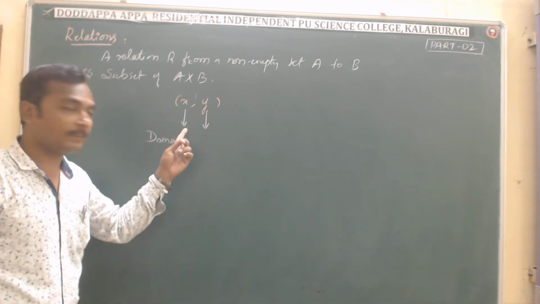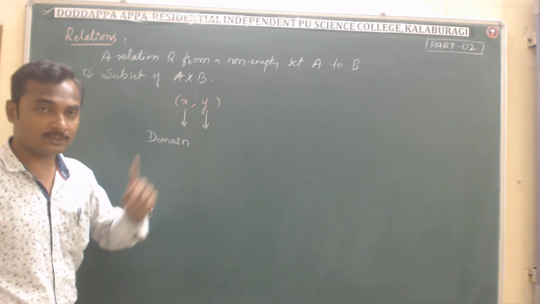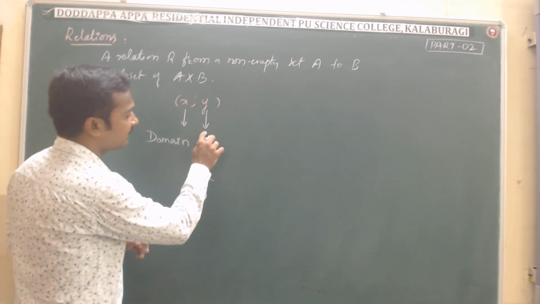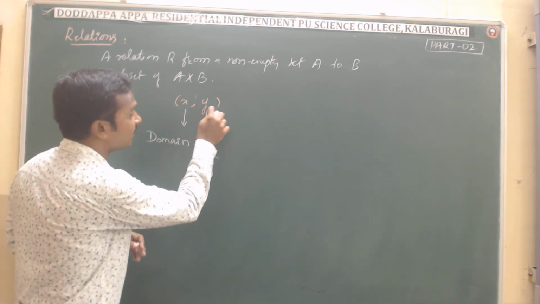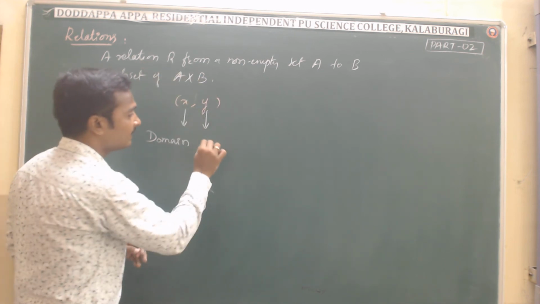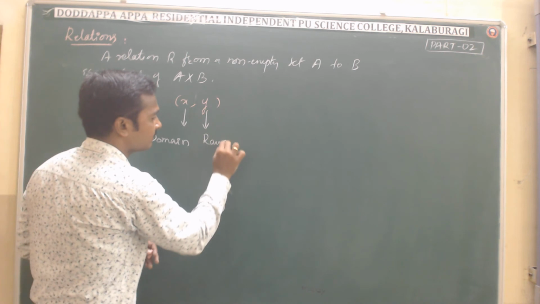Each first element which belongs to the first set is generally called a domain, and each second element which belongs to the second set B is called range.